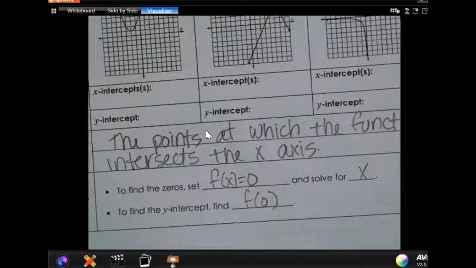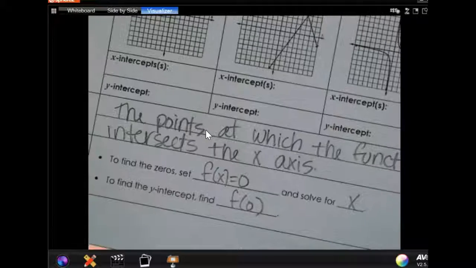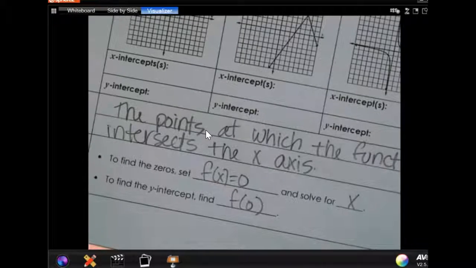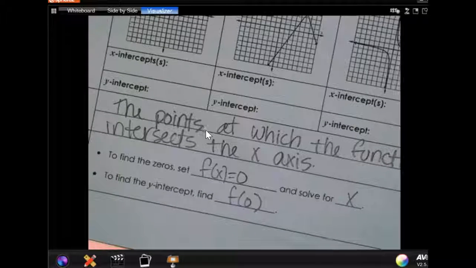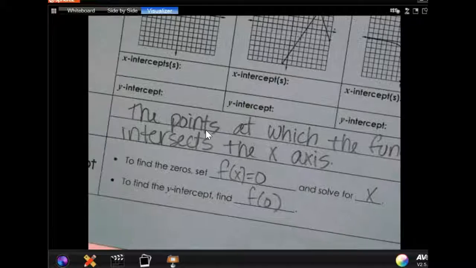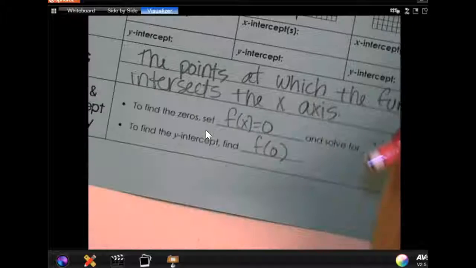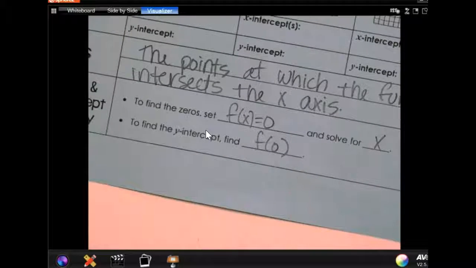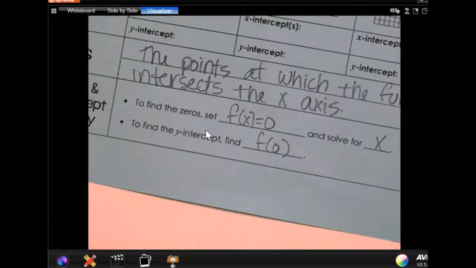So to find the zeros, set f of x equal to 0 and solve for x, which is our factoring. And to find the y-intercept, we'll do f of 0. And this is what we did yesterday, where we just plugged the 0 in for x. So we're going to find the x and the y-intercepts today.